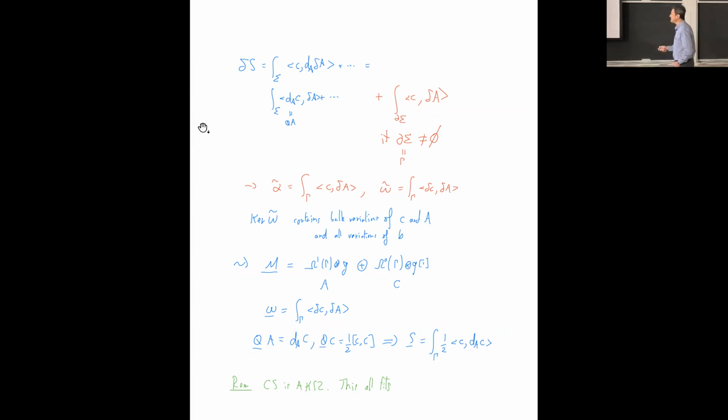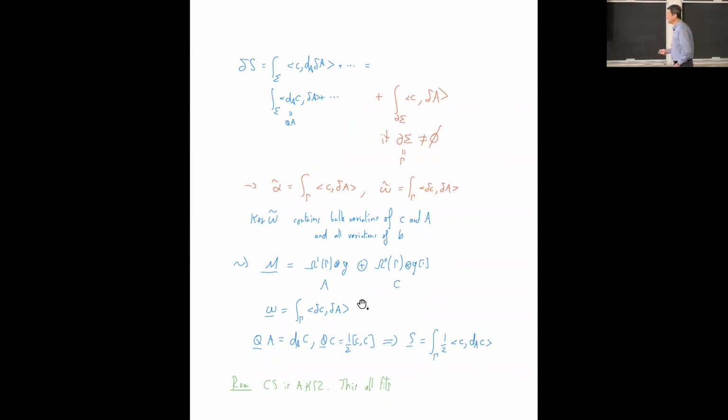So this space I'm underlying now has coordinates A and C. A is still a Lie algebra valued 1-form, and C is a Lie algebra valued 0-form, shifted by 1. And you have this canonical symplectic form, which actually means that this is a cotangent bundle. Non-canonically, but there are two standard ways of viewing it as a cotangent bundle shifted by 1: either of this part, or of this other part. These are the two natural ways, but of course they are not unique.